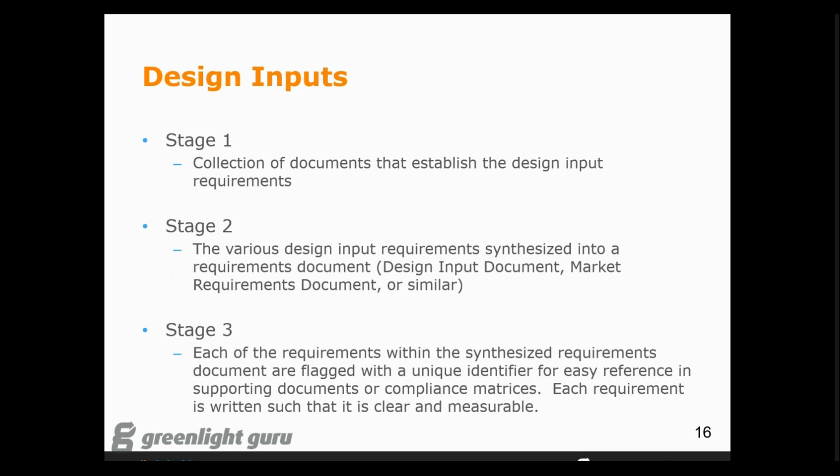And you'd have this collection of documentation that you would pull together to demonstrate the full definition, the state of the product. I would call that stage one in a level of maturity.